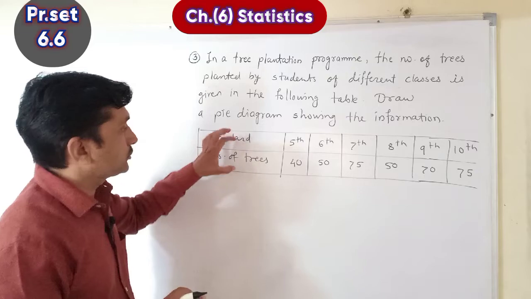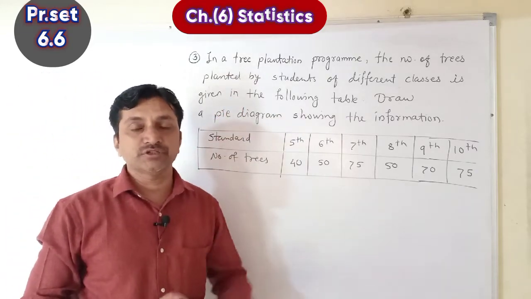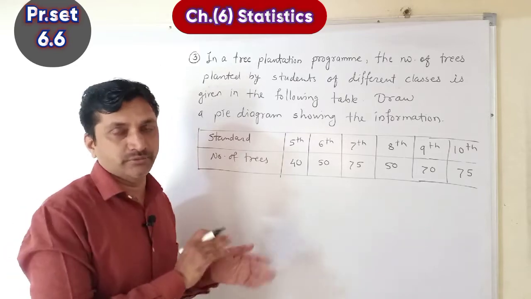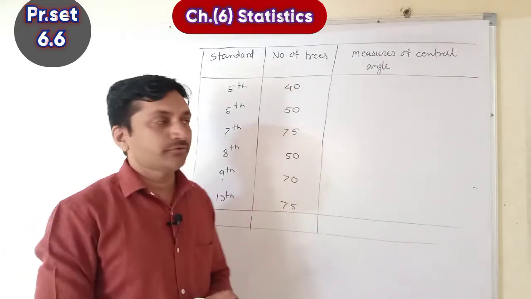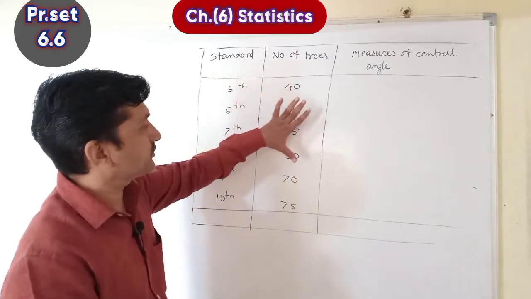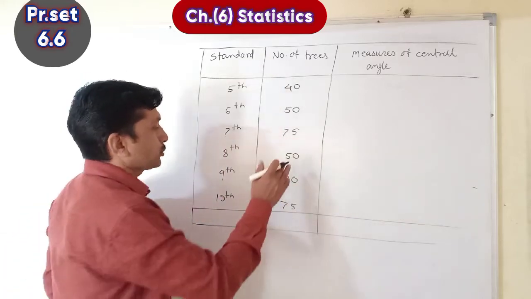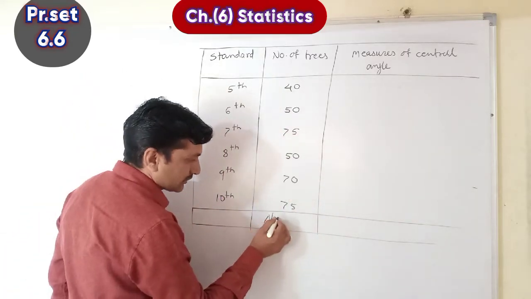Now let's draw. Then both the columns as it is in the solution, and the third measures of central angle. Let's draw table first. This is the first column of standard, second column of number of trees, and here central angle we are going to find now. Okay, before that find out n value.